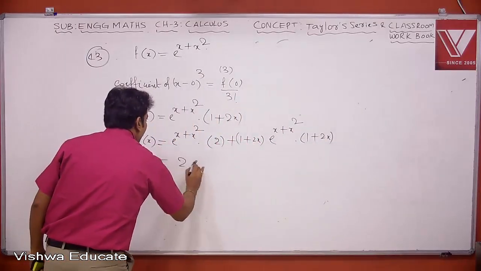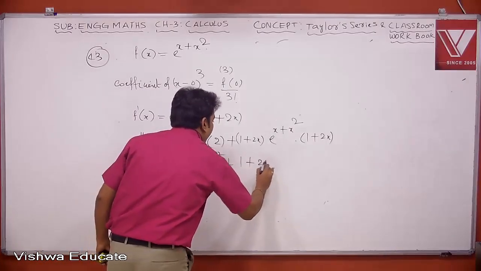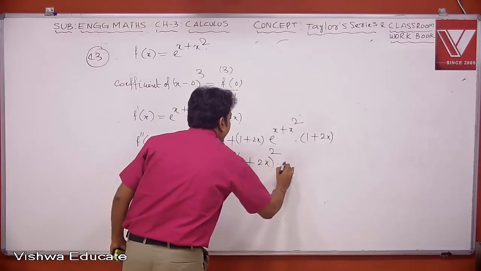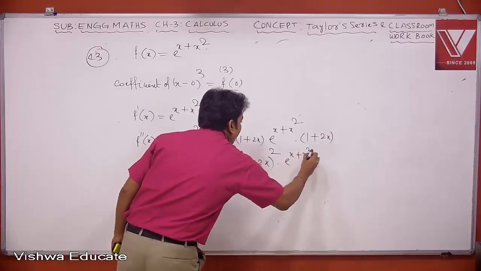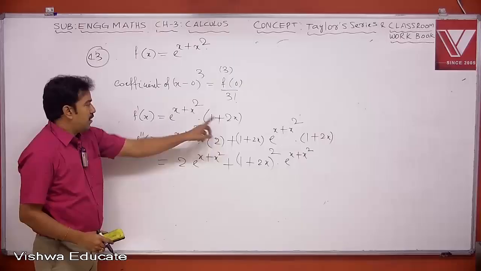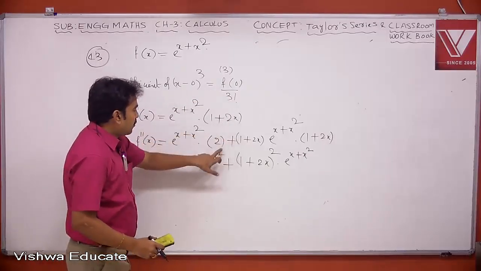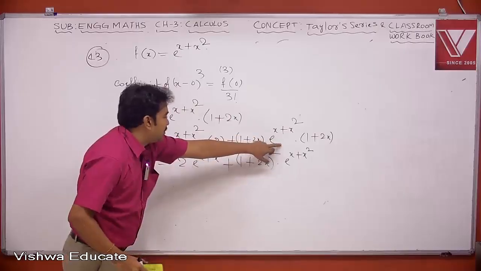So this is 2 into e power (x plus x square) plus (1 plus 2x) whole square into e power (x plus x square).